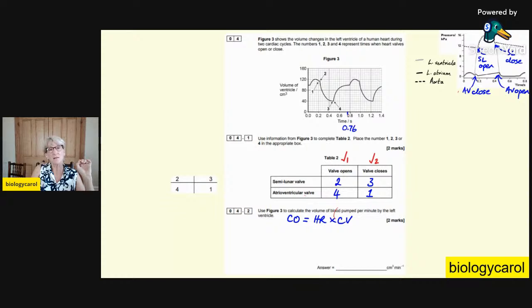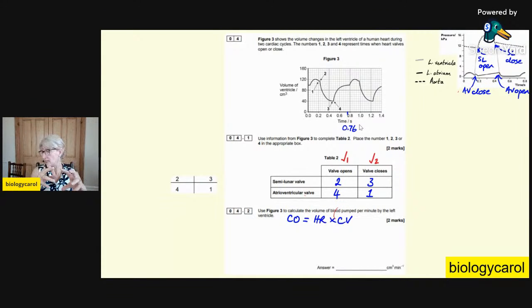Notice that 5 little squares on the graph equals 0.2 seconds. So 1 little square equals 0.04. Therefore, the time for one heartbeat is 0.76. That tells us how long one heartbeat takes.